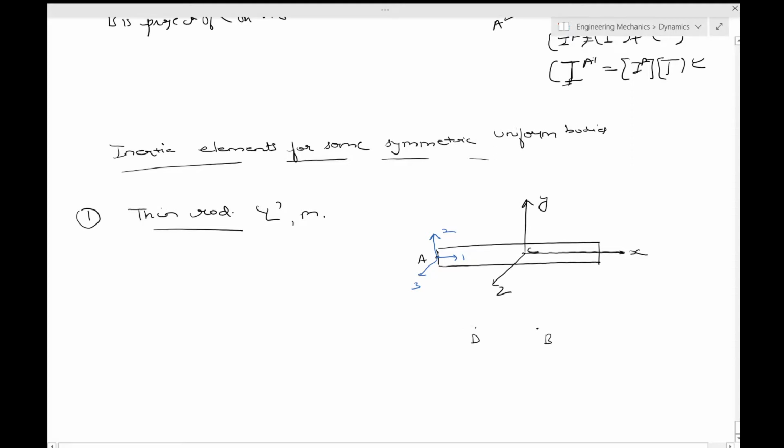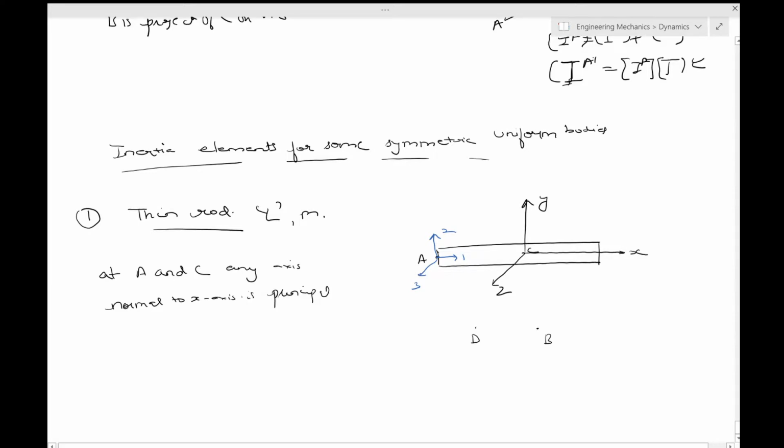Okay, at A and C, any axis normal to X axis is a principal axis.